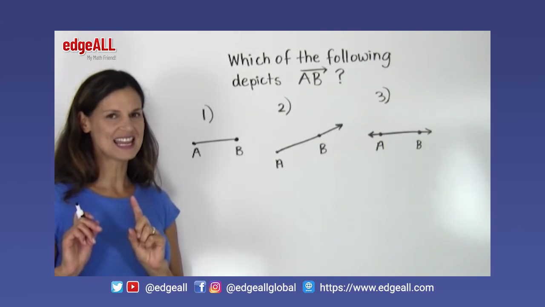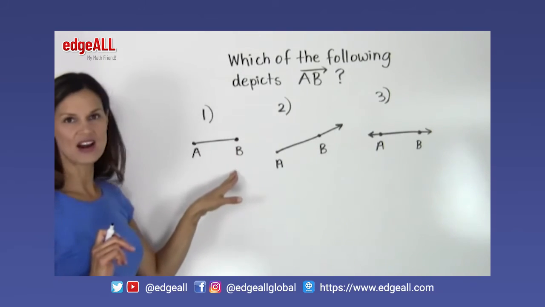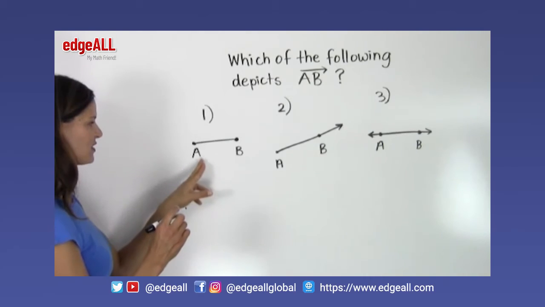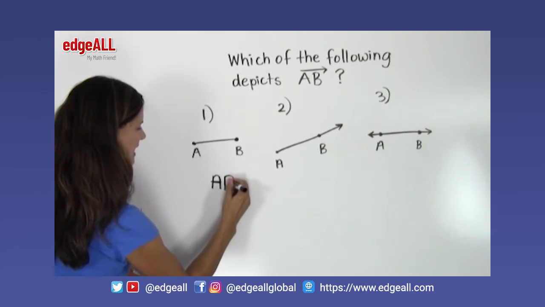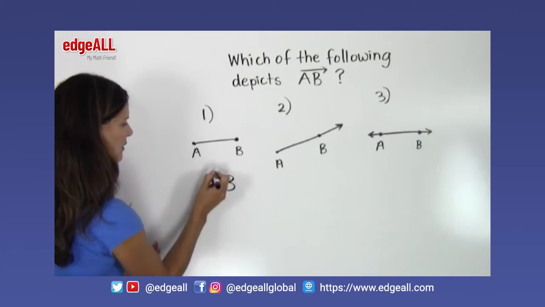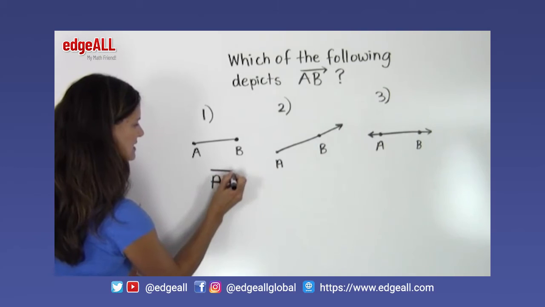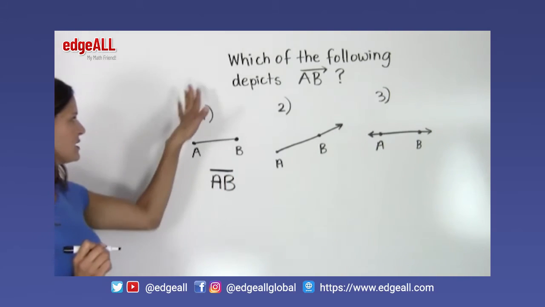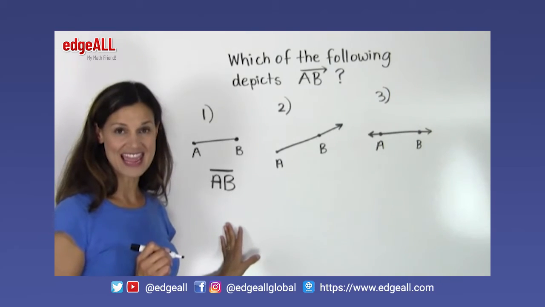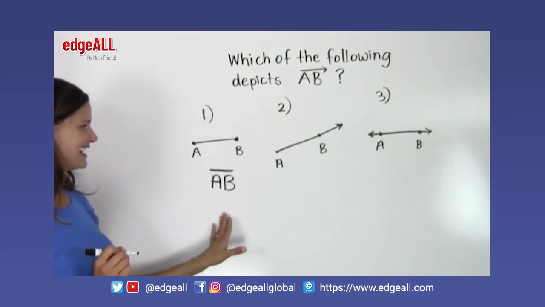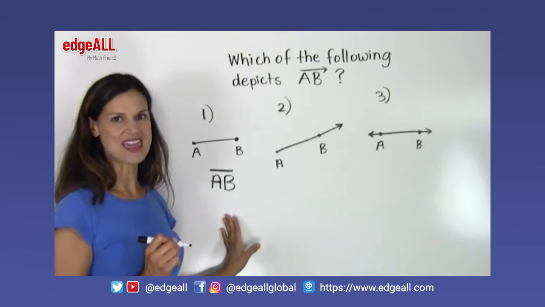It's not indicating the ray because there's no arrow in either direction. And so this is the line segment AB, and we're going to write line segment AB like this: point A and point B with just a bar on top. So we know that it's not this first one. This first one is not ray AB. This first one is line segment AB.